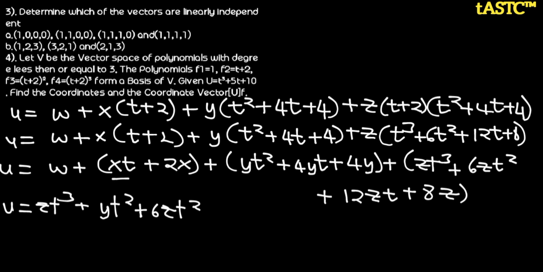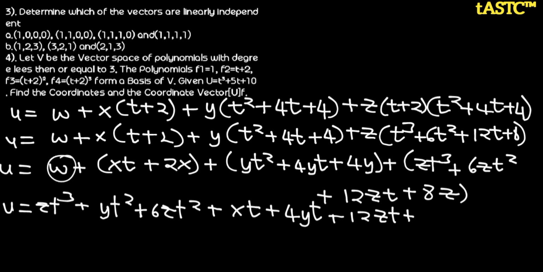Next up, we need to work with the t's, the ones where we just have the first power. So we have this, and we have this one. So that will be xt, and you have 4yt, and you have 12zt. And finally, we have the ones which do not carry a t.